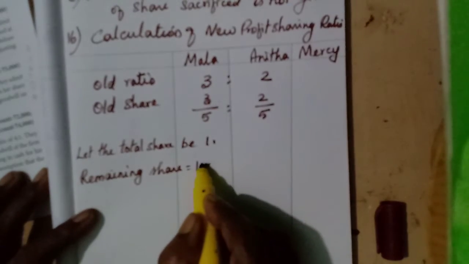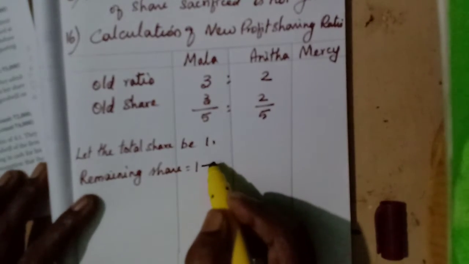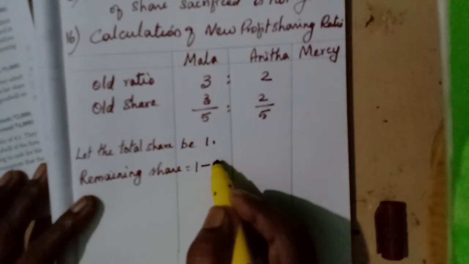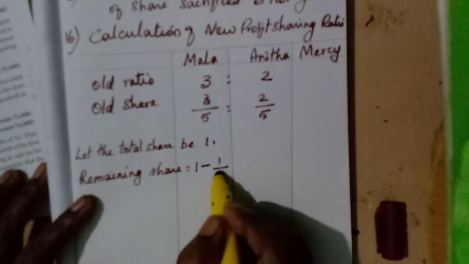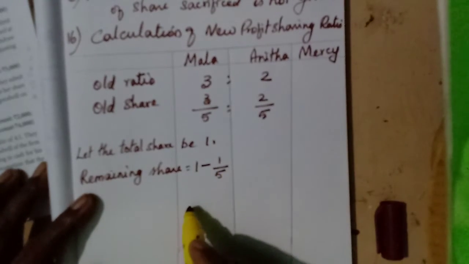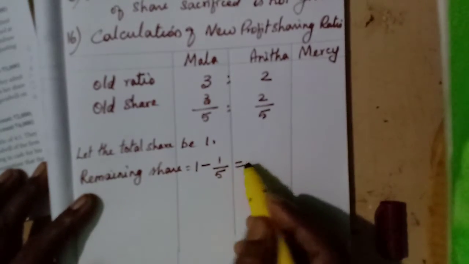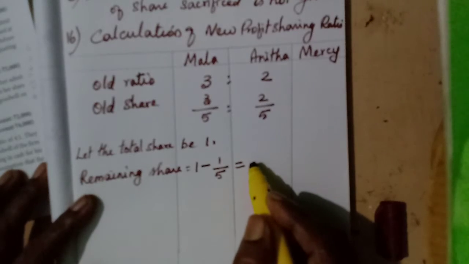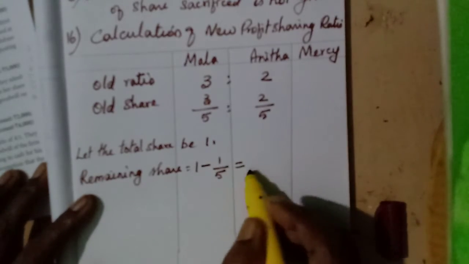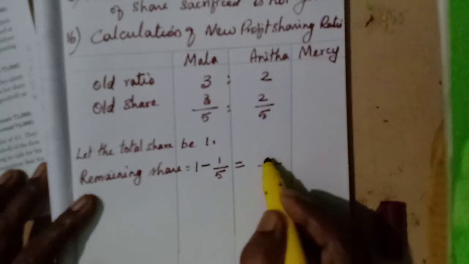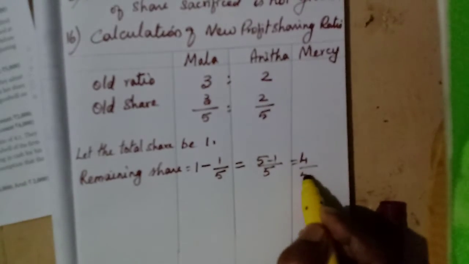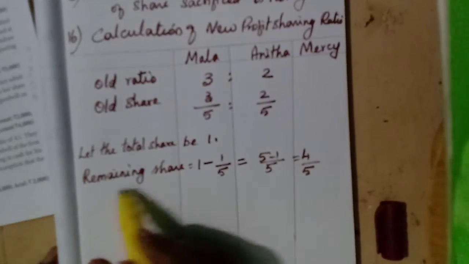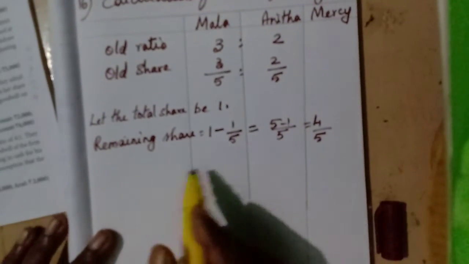One minus, what is the share of the new partner? 1/5. So how much will we get? Equal to 1/5, LCM 5. 1 into 5, 5 minus 1, 4/5. Isn't it? Now this is the remaining share, 4/5.